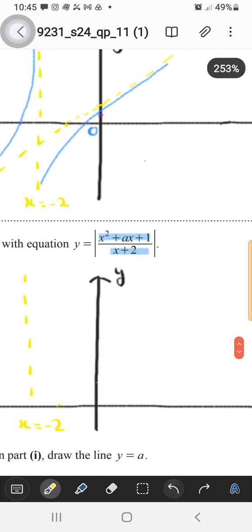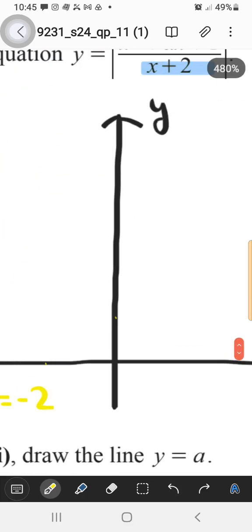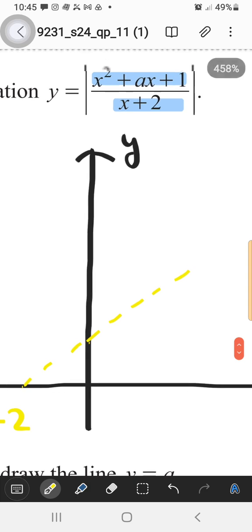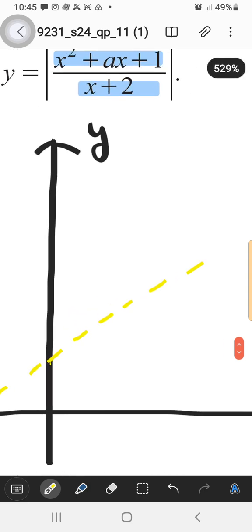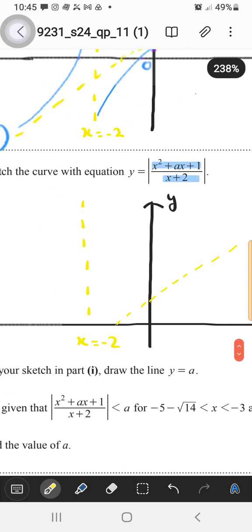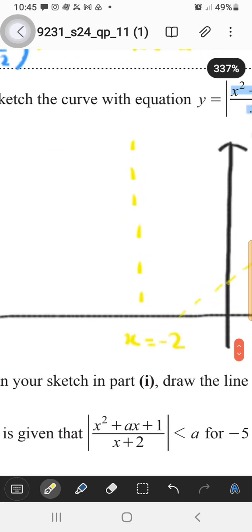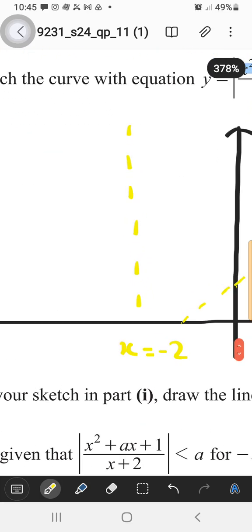A precise graph is not a requirement. You just have to sketch and show the asymptotes. Do you know the concept of asymptotes, that the graph will approach it but never touch it? You have to show these things. And this asymptote will move towards here. Wait, let me show you.